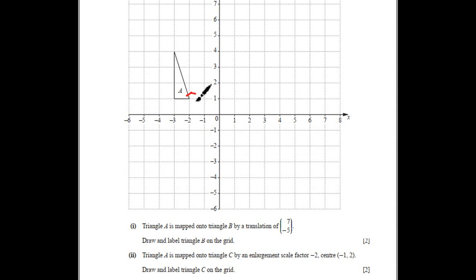So moving this point 7 right, 1 2 3 4 5 6 7, and then 5 down, 1 2 3 4 5. So this is the point. Next, this point will land over here, and this point will land over here.